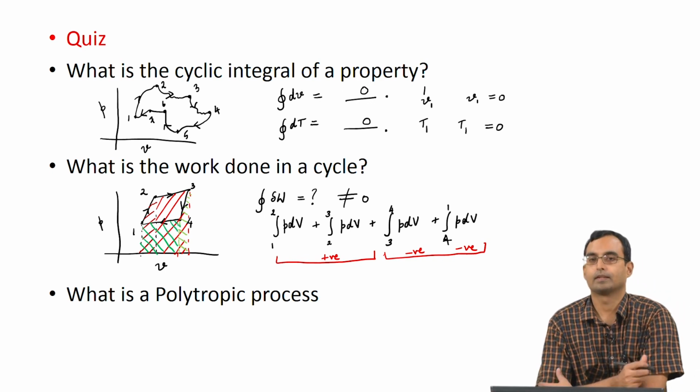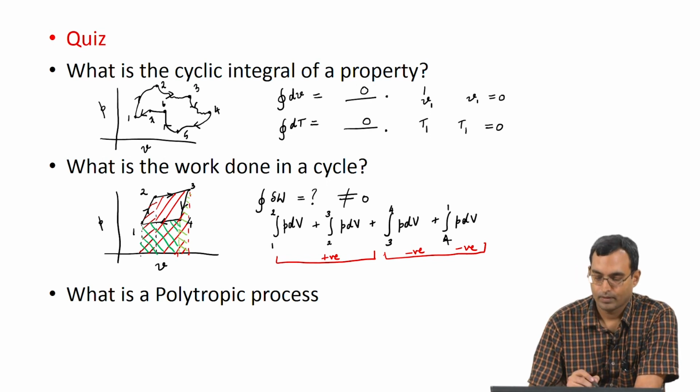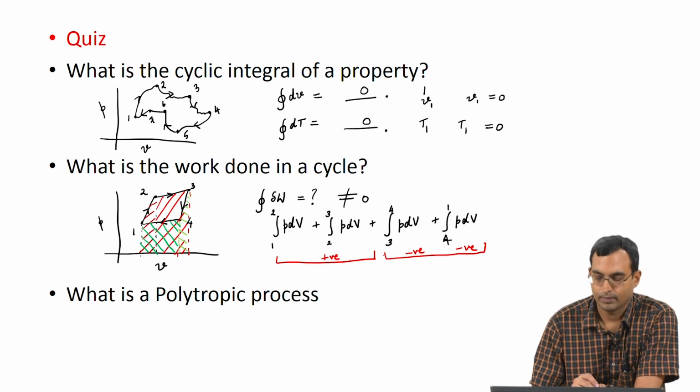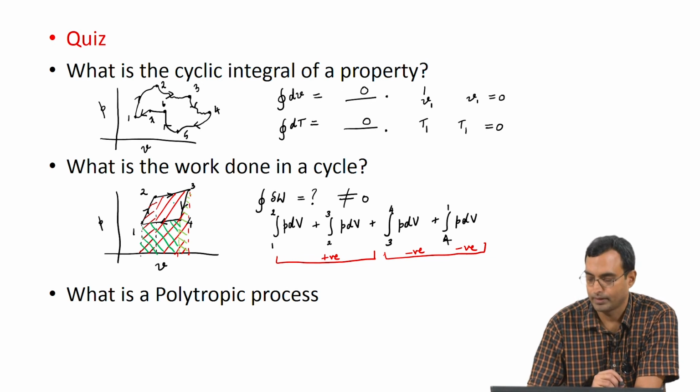Which is essentially this. So, what we see is that we have added the brown areas and the red areas, we have subtracted the light green areas and the dark green areas, and the net work, which is the work done in the cycle, is what is left over, which is essentially the area enclosed by the cycle.